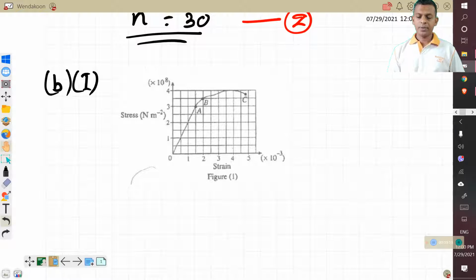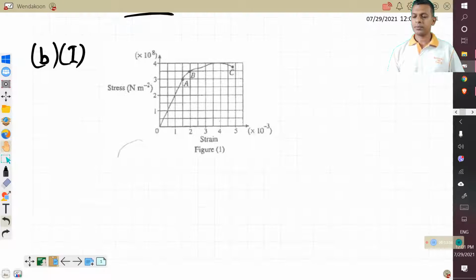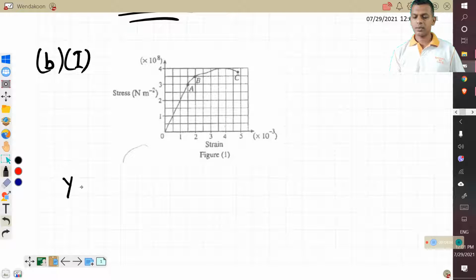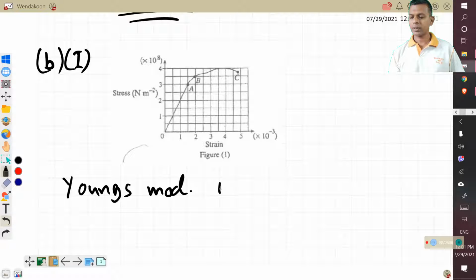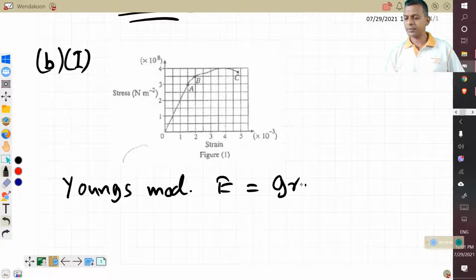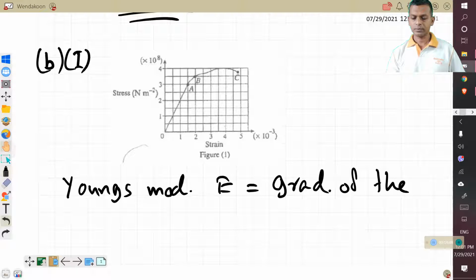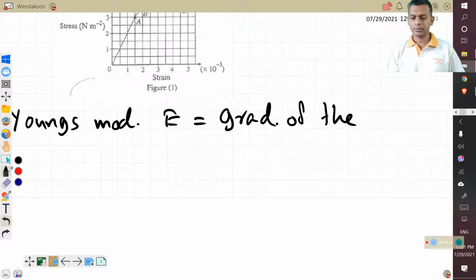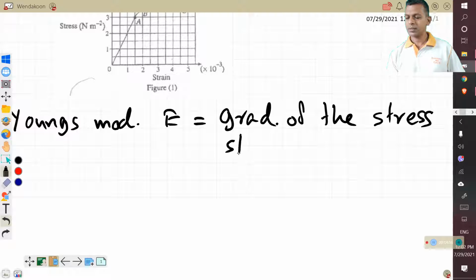If you look at the graph, we can find the Young's modulus using the gradient of the graph between O and A. Young's modulus E is equal to the gradient of the stress strain graph.